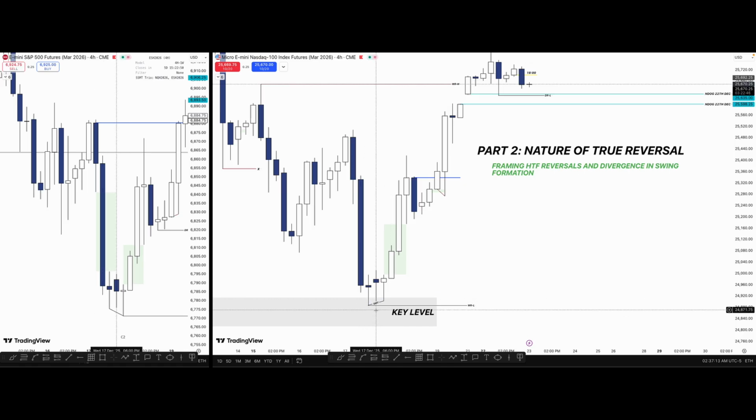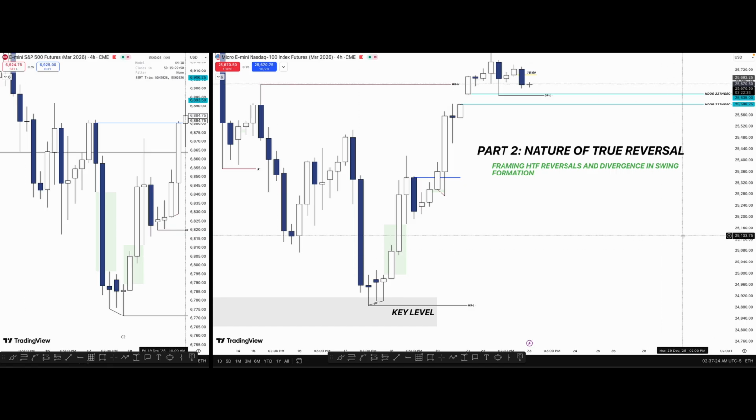When we try to create a swing formation, we will always try to see the correlated pair trying to do the opposite. All right, so in this case true reversals are always in 2 stage. 2 stage का मतलब first will be a manipulation and then second will be a failure swing.